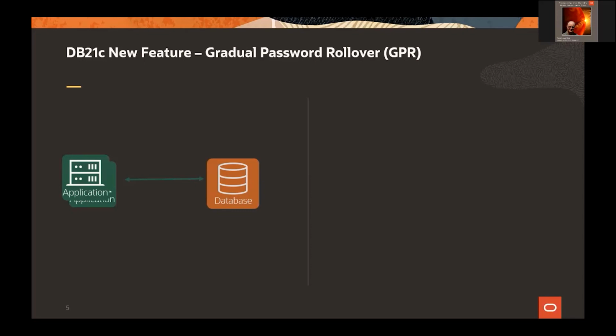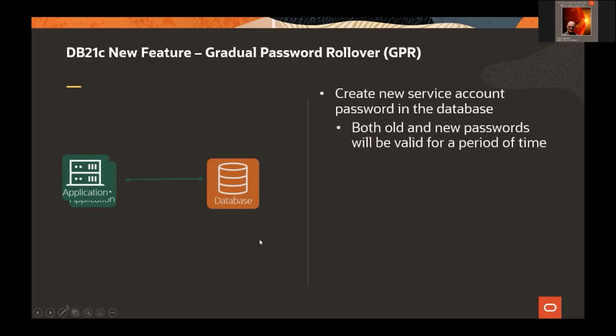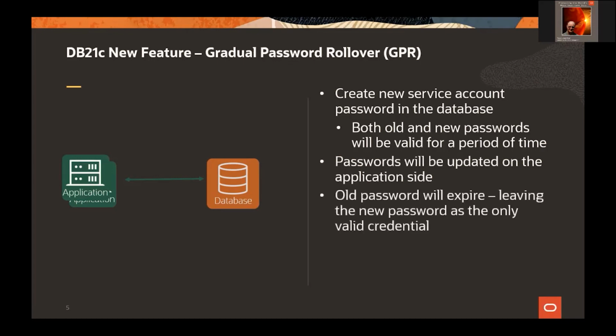It allows a customer to create a new password in the database for the application and still allow the old password to work. During the rollover period, both passwords are allowed. This allows the application time to change its password. When all the passwords have been changed, the old password will expire and only the new password will be allowed.